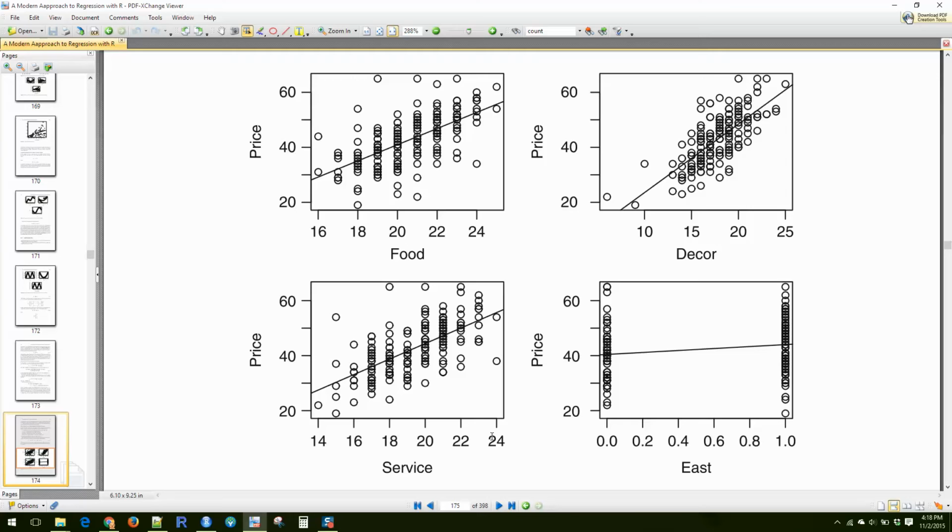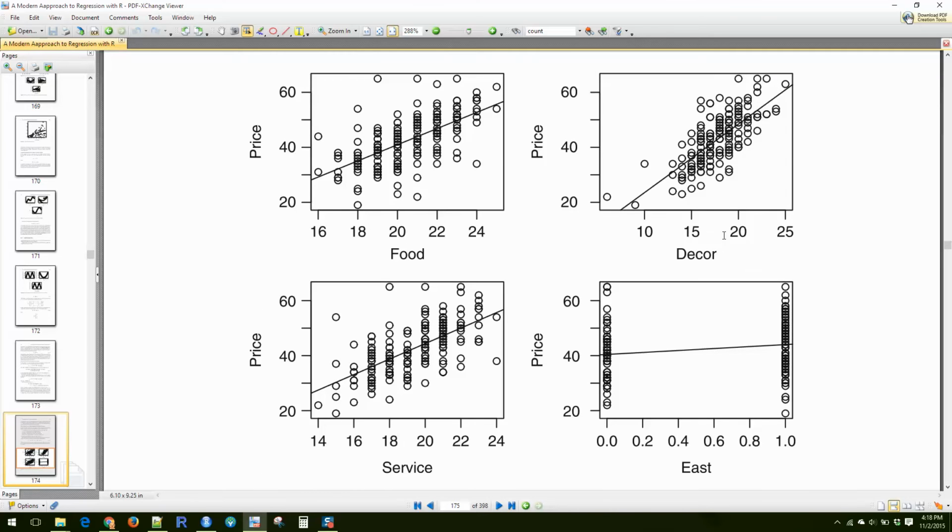Or if you're going to a junky restaurant where the food isn't that great and the decor is not that great, you're probably not expecting the best kind of service. So the way we have our data, yes, there's definitely a positive correlation between service and price, but that's because as service is changing, these other things, food and decor, are also changing as well, okay?